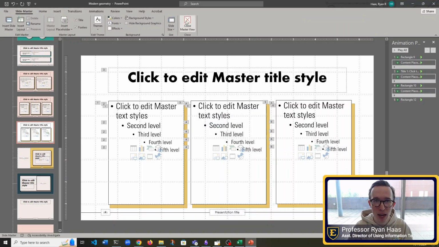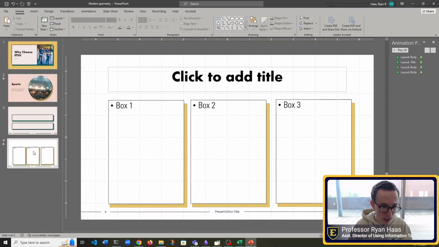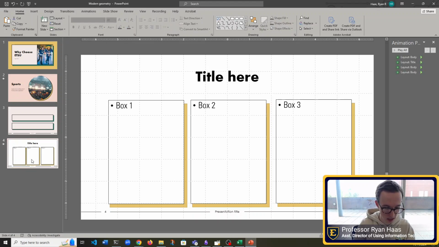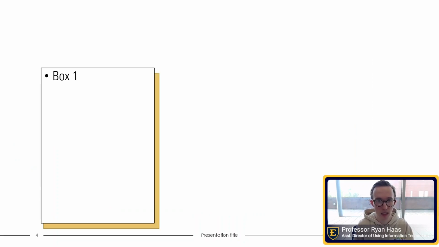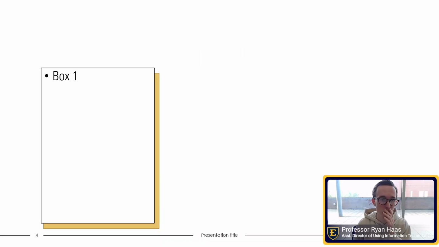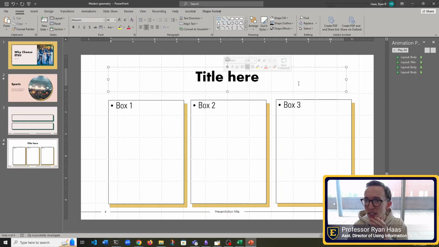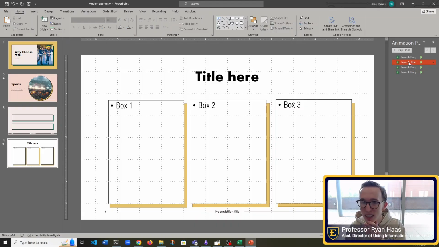So let's go to Slide Master, close, and let's look at this again. Perfect. Now we have it advancing. The only thing I need to fix is I accidentally have animation on this title here.